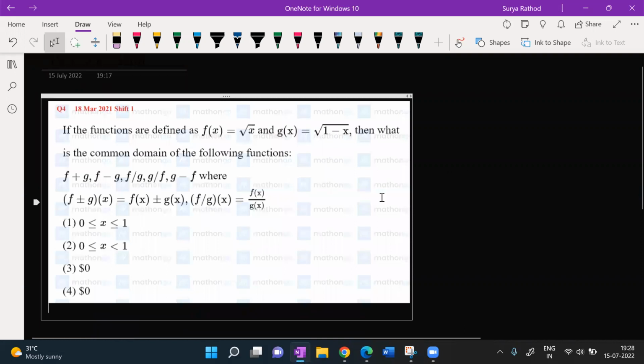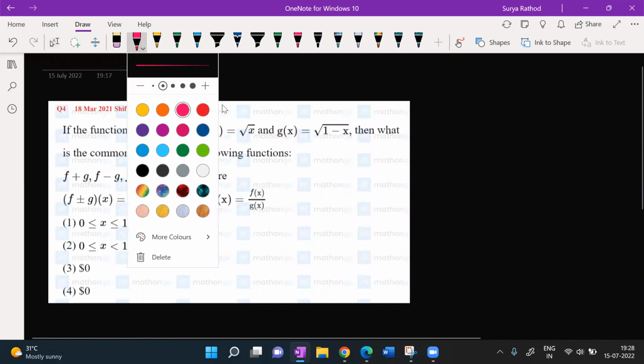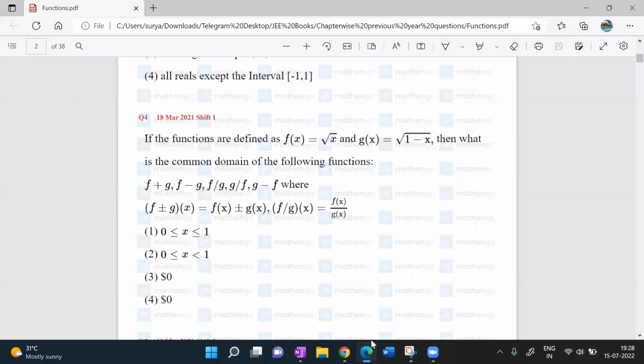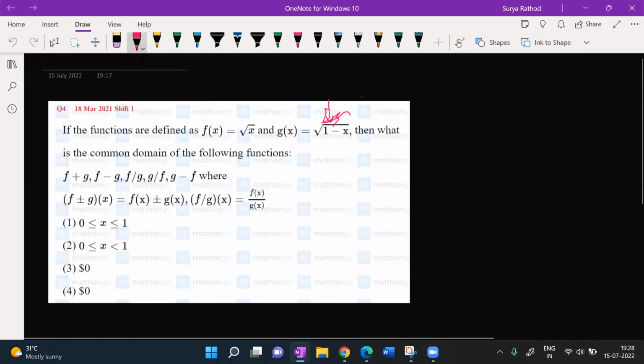See, the functions are defined as f of x is root x and g of x is square root of 1 minus x. Tell me, guys, this is f of x, this is g of x.